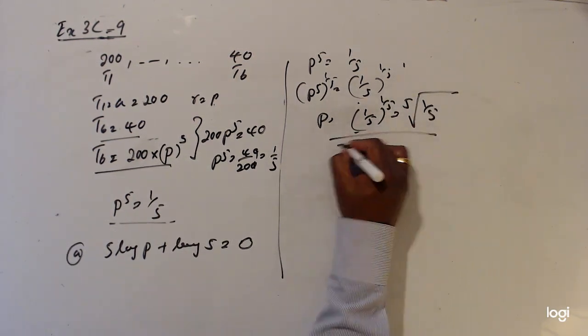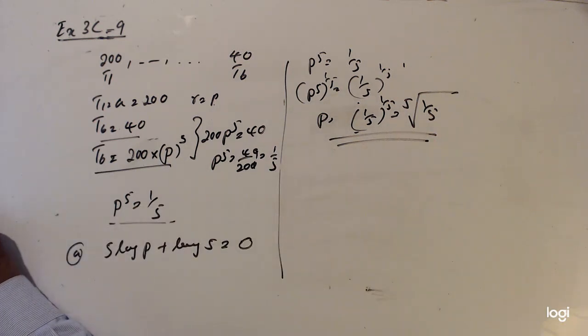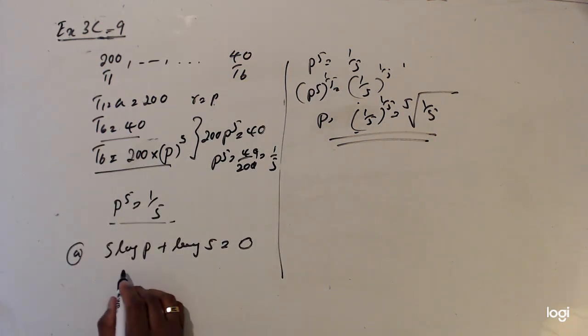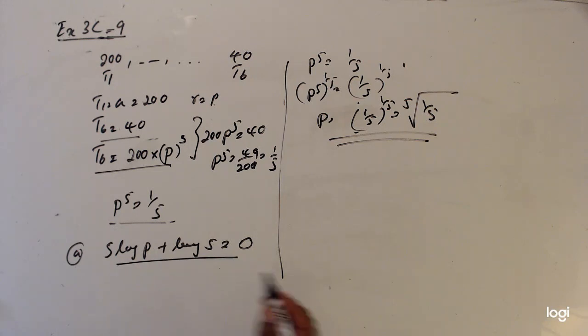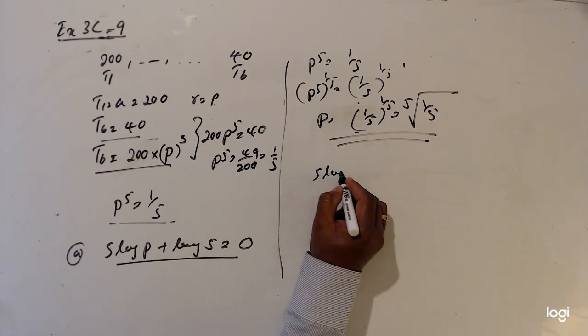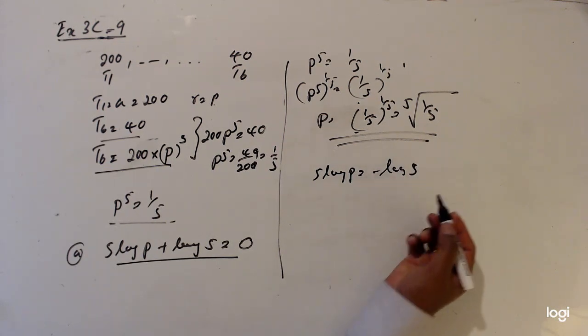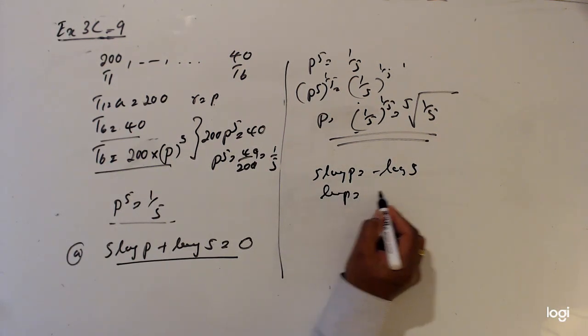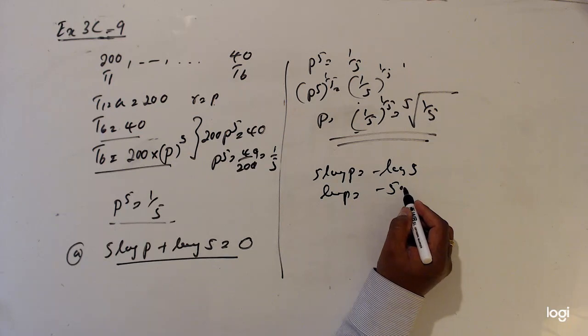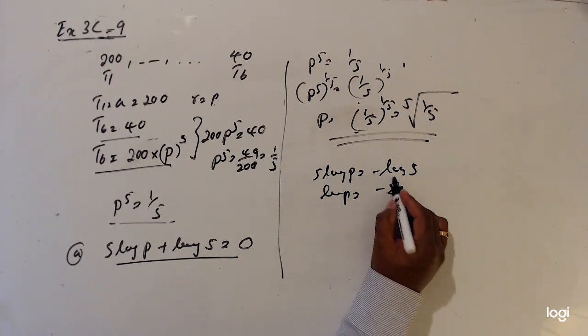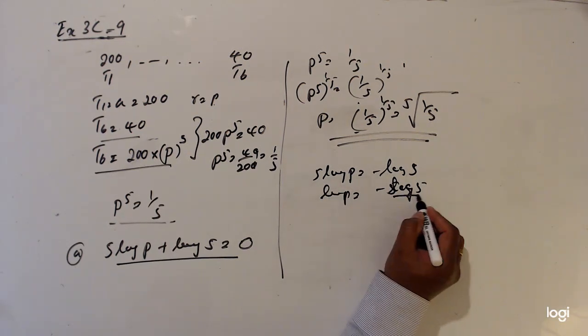You can take it from the calculator. Or, hence: 5 log P equals minus log 5. Then log P equals minus log 5 divided by 5.